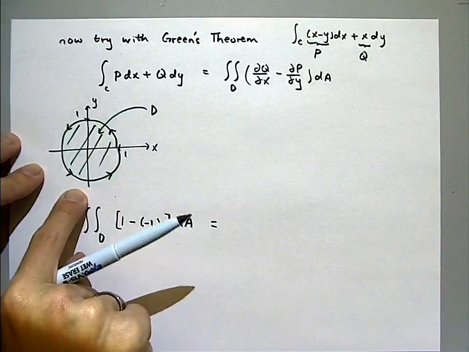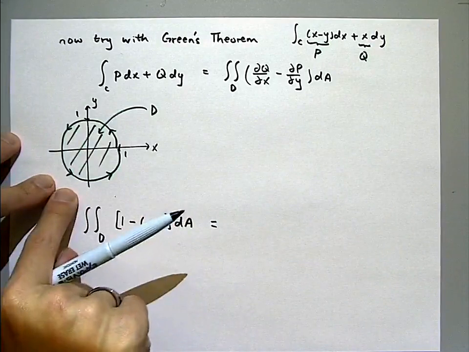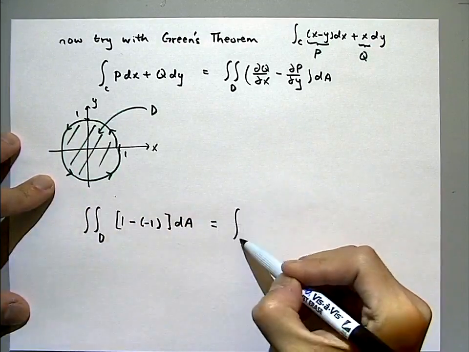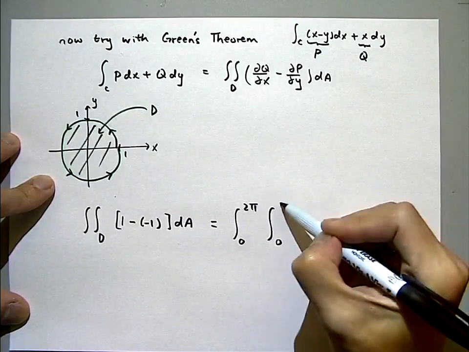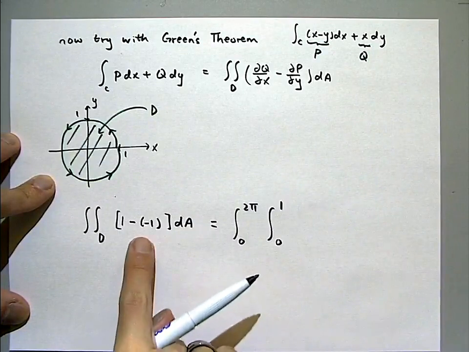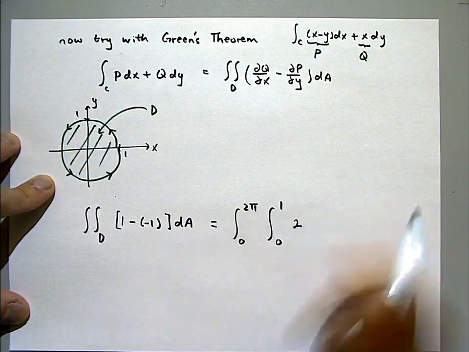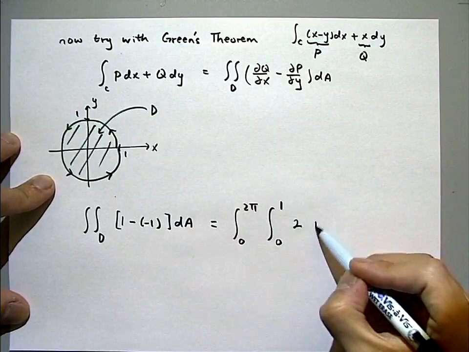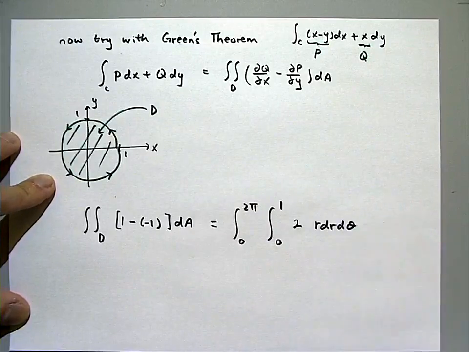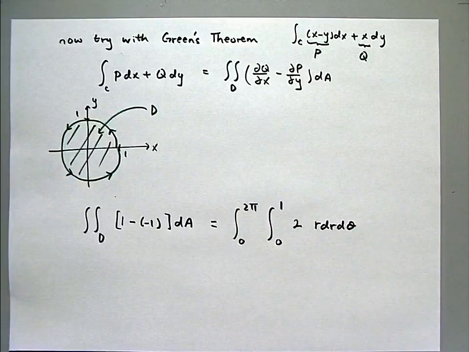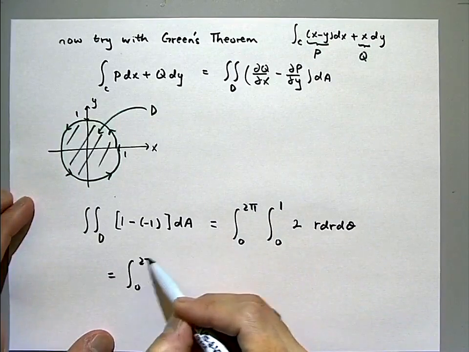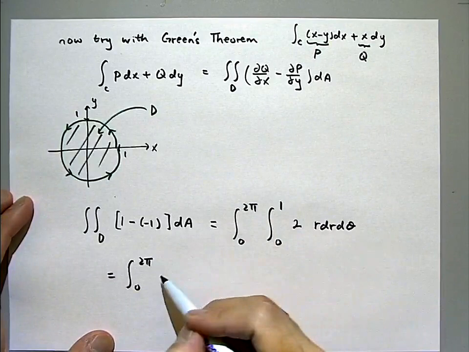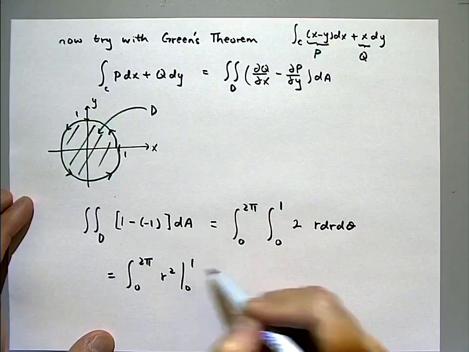This is a circle, so it makes a lot of sense to go to polar, right? 0 to 2 pi for theta, and 0 to 1 for r. We're integrating 2, and dA in polar is r dr d theta. So we get 0 to 2 pi, integrating 2r gives me r squared, 0 to 1, d theta.